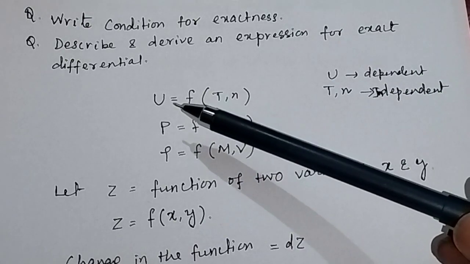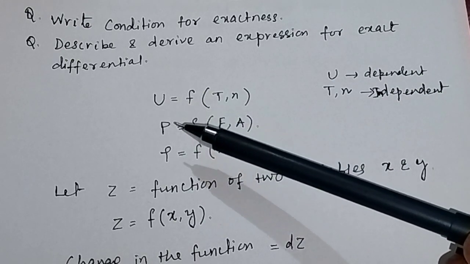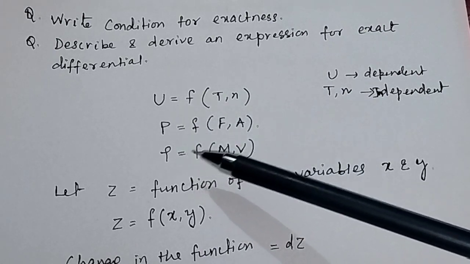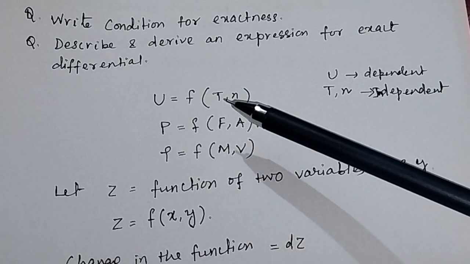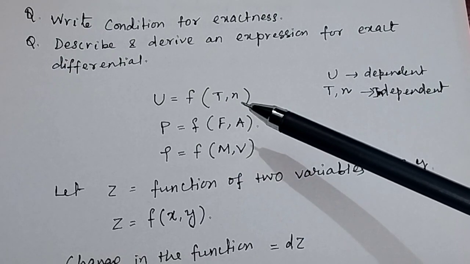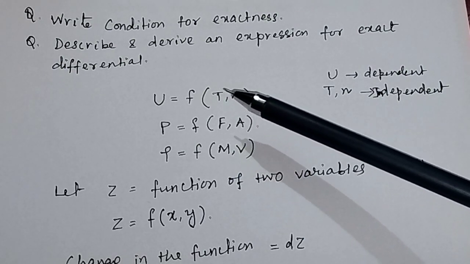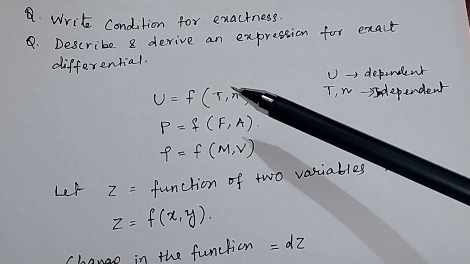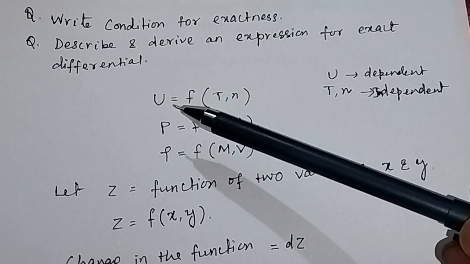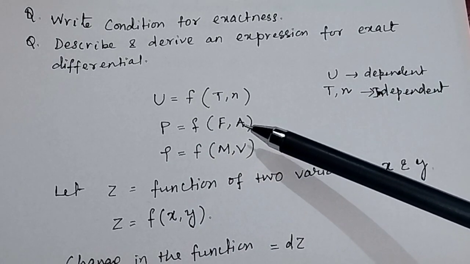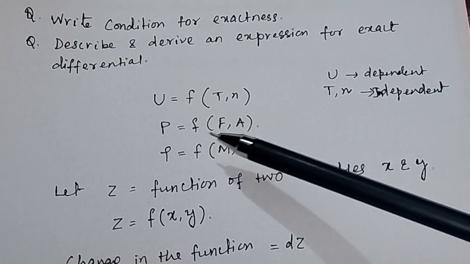So these quantities, like internal energy, pressure or density, are called dependent variables. And temperature, number of moles, force and area are independent variables.